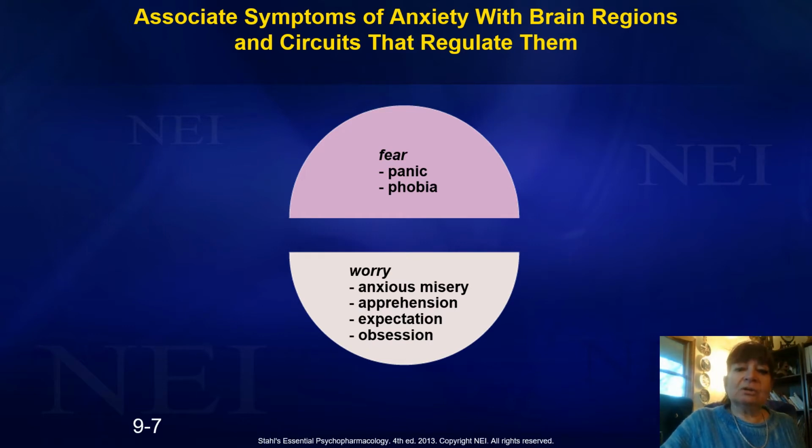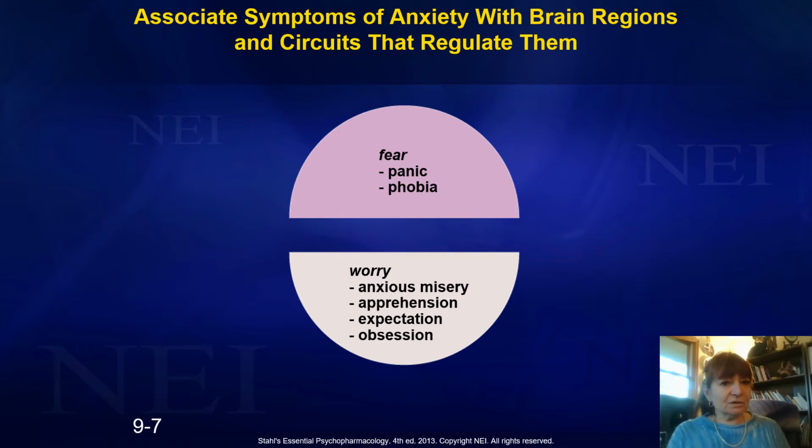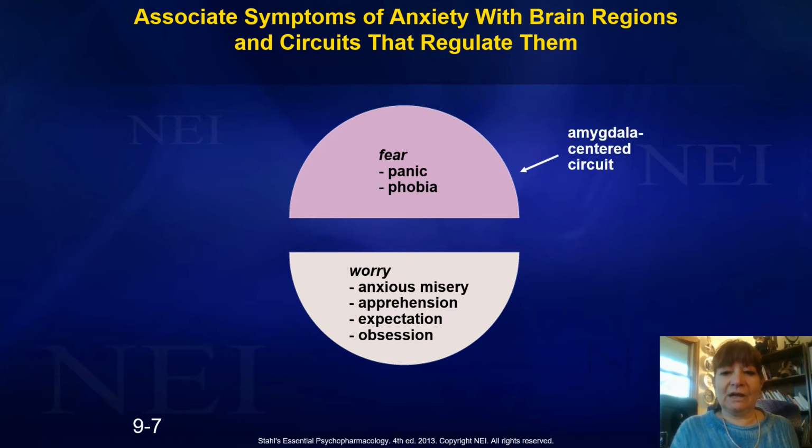Worry, so anxious misery, apprehension, expectation, and obsessions, are associated with a different part of the brain, and it involves a circuit that we refer to as the CSTC. That's the cortical striatal thalamic cortical circuit. And there we see the specifics on the slide.